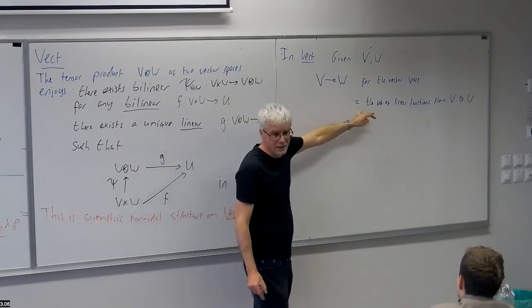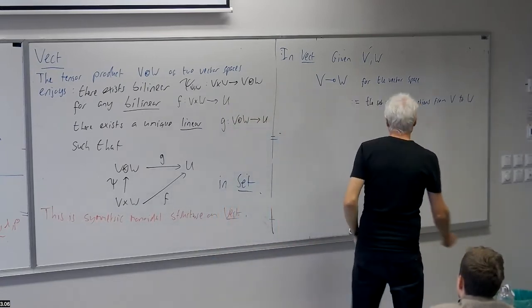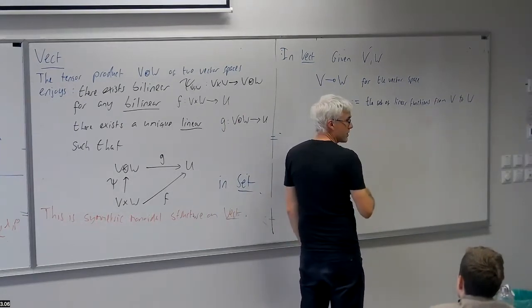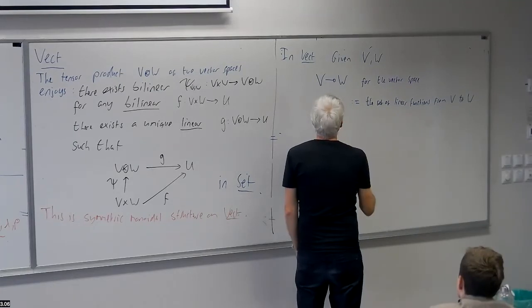It's easy to see that linear functions form a vector space. There's a zero function, you can add two linear functions, and you can scale them.